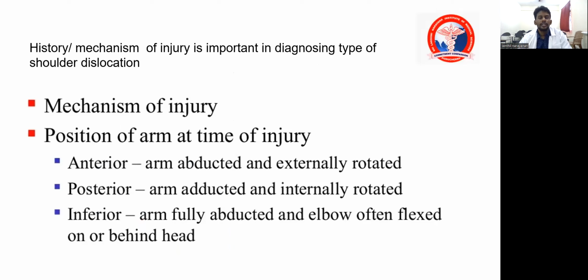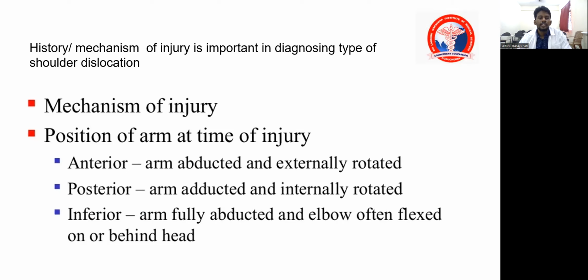The mechanism of injury is important in diagnosing the type of shoulder dislocation. The position of the arm at the time of injury will dictate how the dislocation happens. In anterior dislocation, the arm is abducted and externally rotated. In posterior dislocation, the arm is abducted and internally rotated.